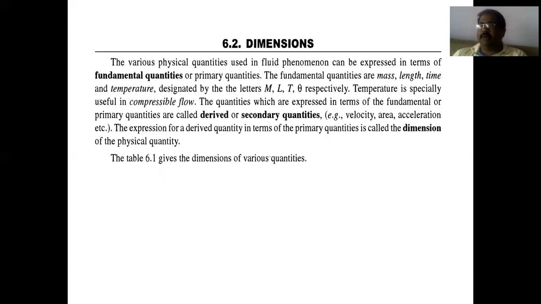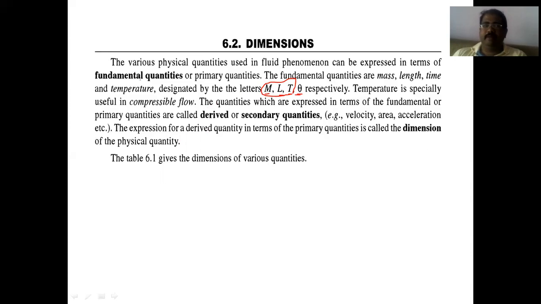So, what are the dimensions? According to the law, the basic dimensions are mass, length, and time. Here, these are used in fluid mechanics. But theta, the temperature difference or temperature, is concerned with convection heat transfer.